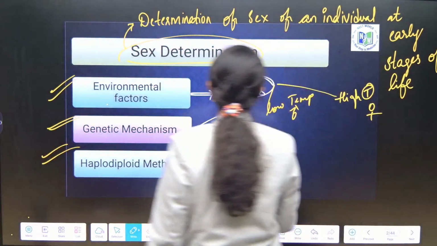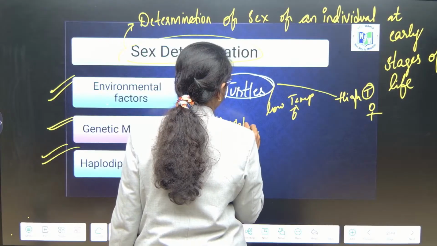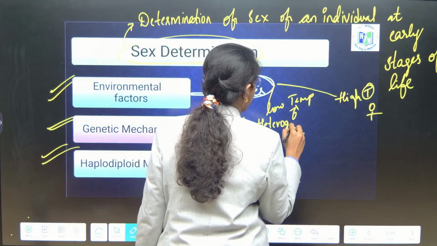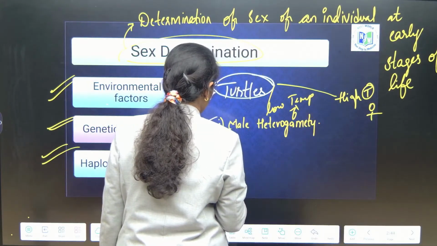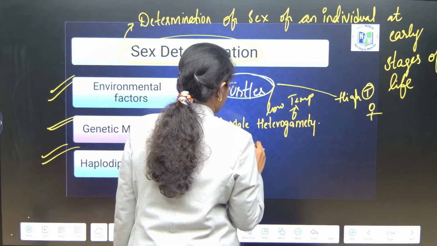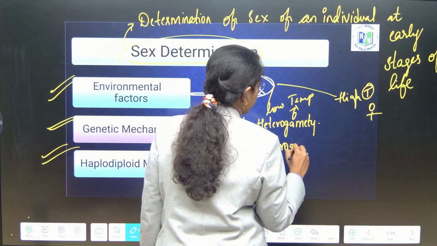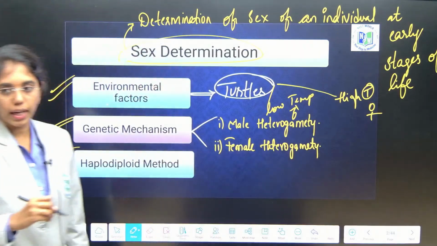As such we have two types. First is male heterogamety and second is female heterogamety.